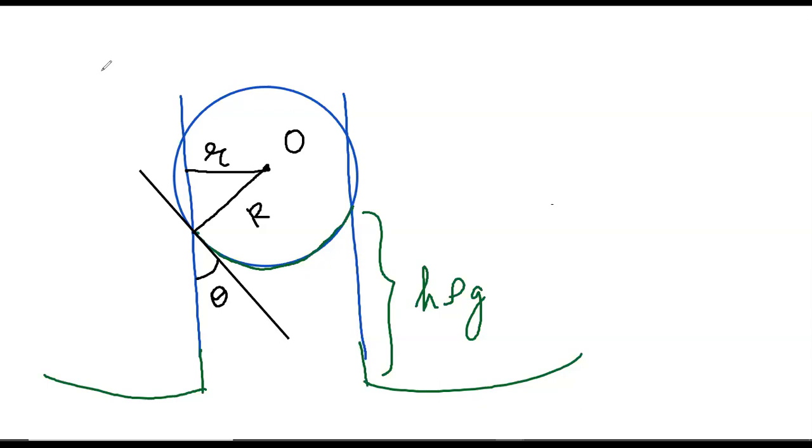I'm going to leave something up to you. We know that this angle is going to be 90 degrees because the radius is always perpendicular to the tangent at the point of contact. So if this is 90, this value is going to be 90 minus theta because the other angle is theta. But we know that this is also 90 degrees. Yes or no, children?